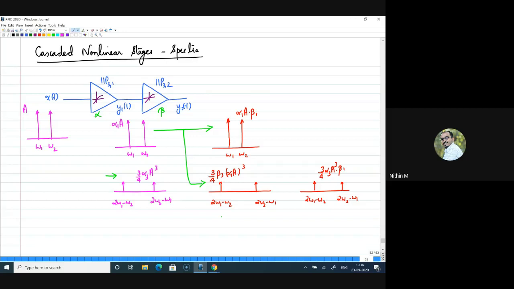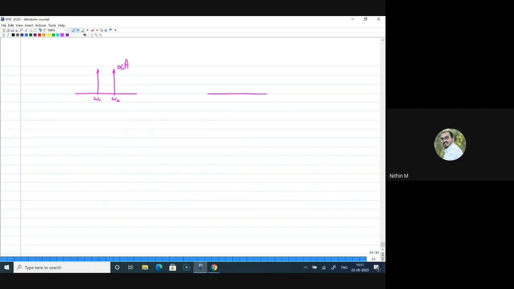Now I have written these components directly from the input available at the second stage. Now I'm looking at the possibility of getting some more intermodulation terms at the output of the second stage from the components available at the output of the first stage. For that, I'm looking at a component coming at 2 omega 1 minus omega 2 or 2 omega 2 minus omega 1.